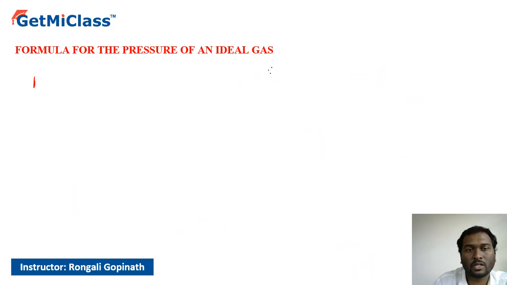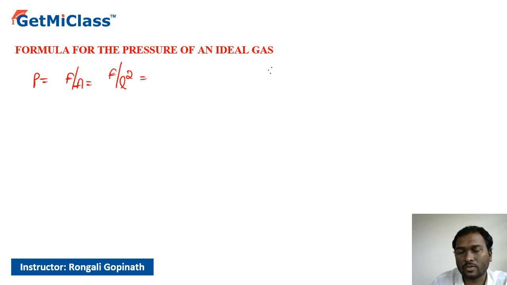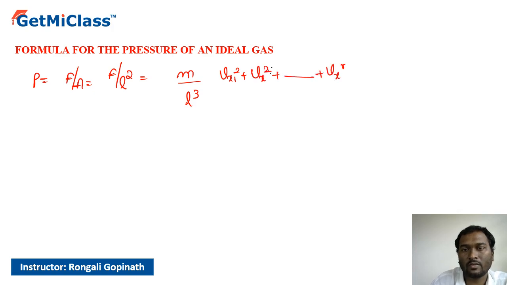Now the pressure is what? Force by area, which is force by L square, which would make it m by L cube into Vx1 square plus Vx2 square plus so on to Vxn square. Let's multiply and divide with n.